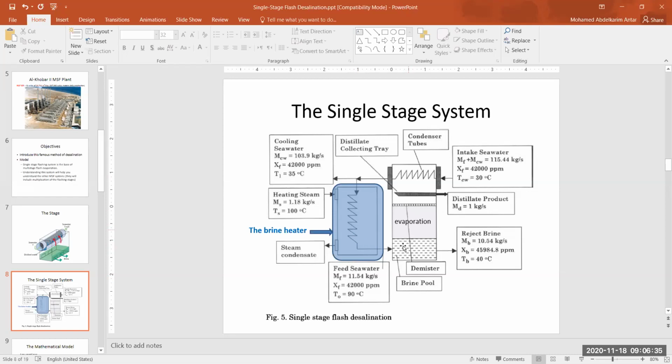A part of it will flash. The part that will flash is only 1 kilogram per second. And we are throwing away the rest, which is 10.5 kilogram per second, to the sea. The 1 kilogram per second that will rise here as vapor is going to condense and we will collect it as sweet water, or as a product. Salinity has increased due to this process from 42,000 up to 46,000 approximately. So this is basically what will happen in the single stage system.